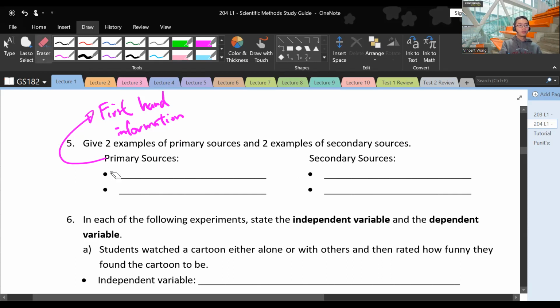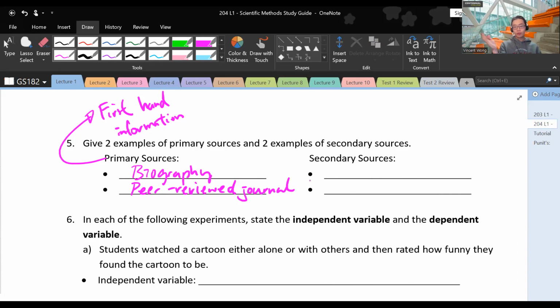So Valerie said biography. That's correct. That's an example of a primary source, if the person is writing their own biography. It could be a peer-reviewed journal. So in the scientific community, you can't just publish anything you want.